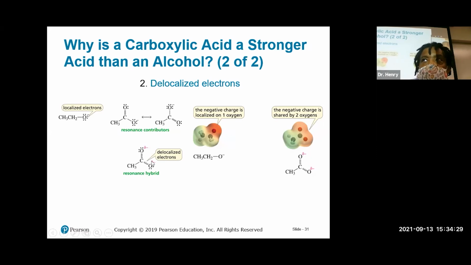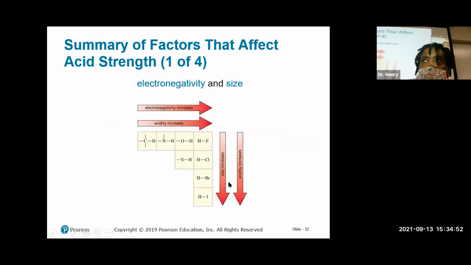So you're having electrons shared between those two. You're getting movement. This guy is pulling that electron, so both of these are sharing that negative charge essentially, whereas in the other case, it only has that one.